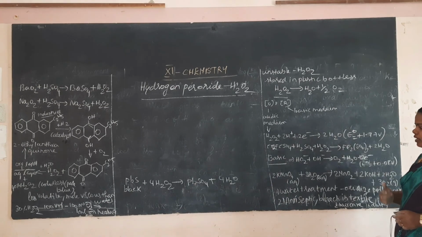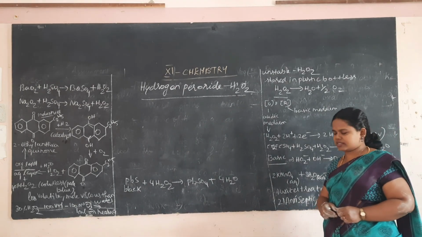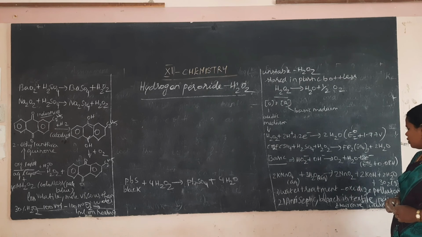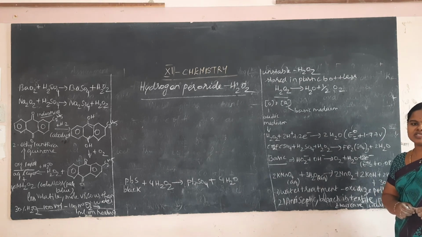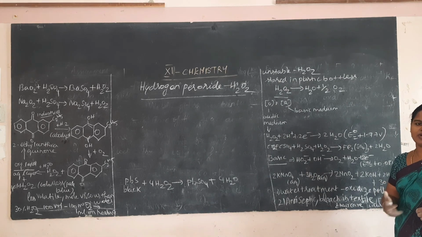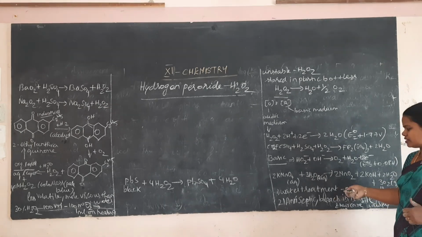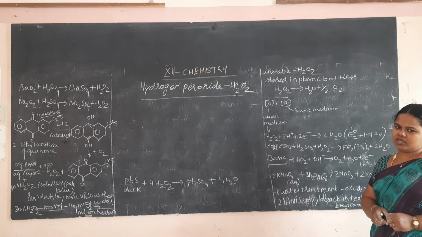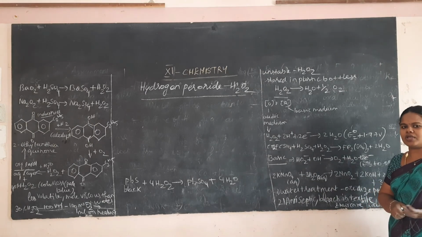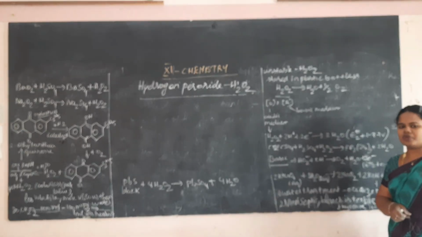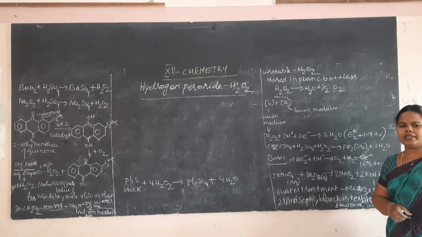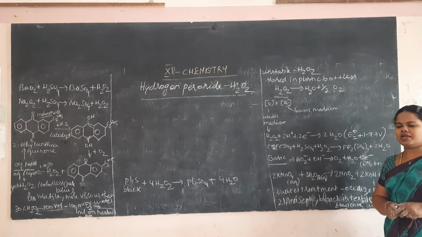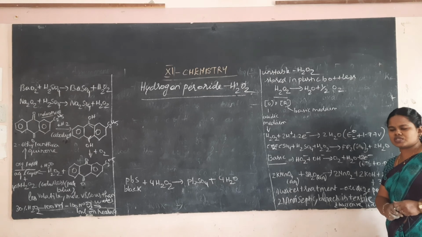Then what are the uses of hydrogen peroxide? It is used in water treatment to oxidize pollutants. It is used as an antiseptic, to destroy or prevent the growth of microorganisms.